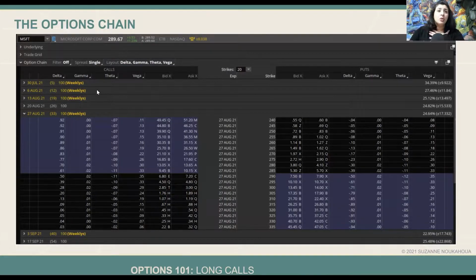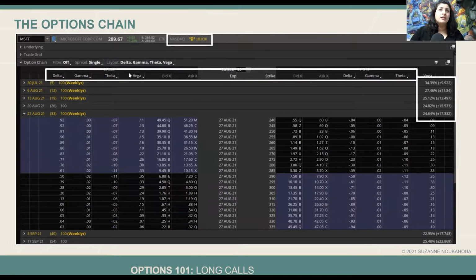Because we were talking about the Greeks, I have my option chain set up to show the different Greeks. We will talk about delta and gamma. Theta is time and vega is volatility. So you can just start to see where that information is on your option chain.